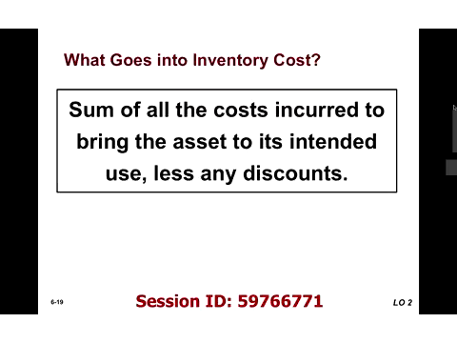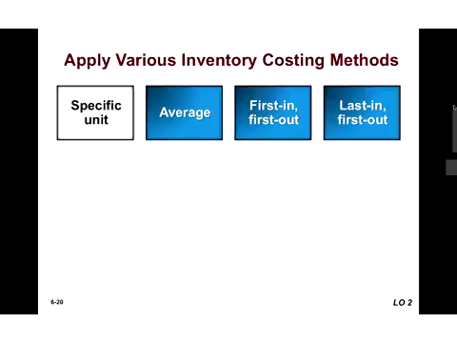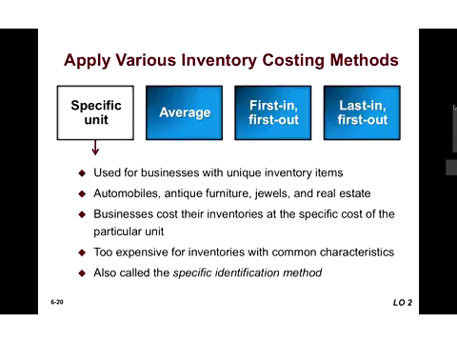Now, we went through 4 inventory cost methods on Monday. We're going to build on that now. We're not doing the calculations today, but we're going to talk about each one. So specific unit, and again, the PowerPoint slides on Blackboard have a lot of detail on them. Specific unit can only be used with businesses with unique inventory items that are worth a lot of tracking costs.